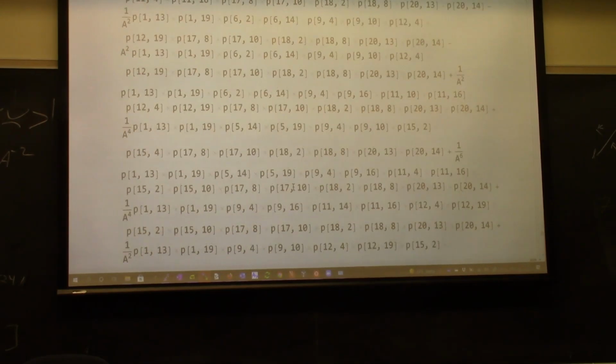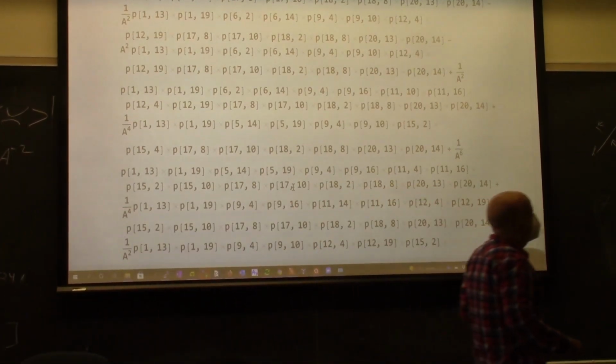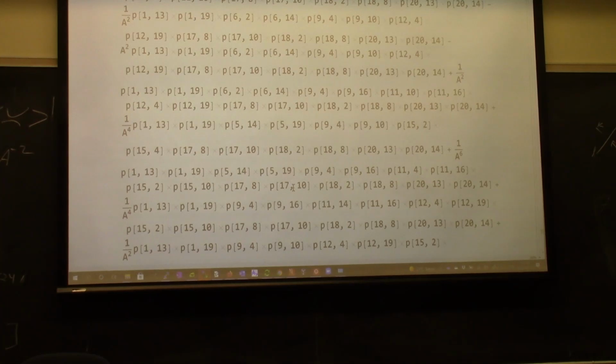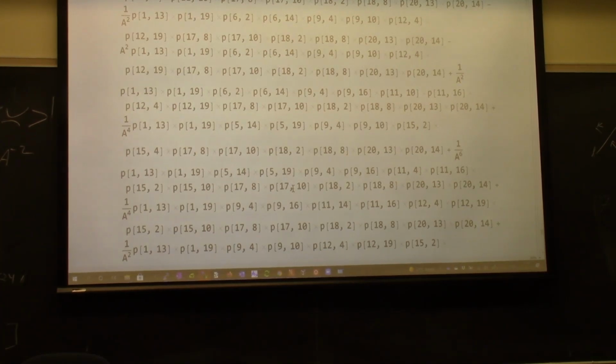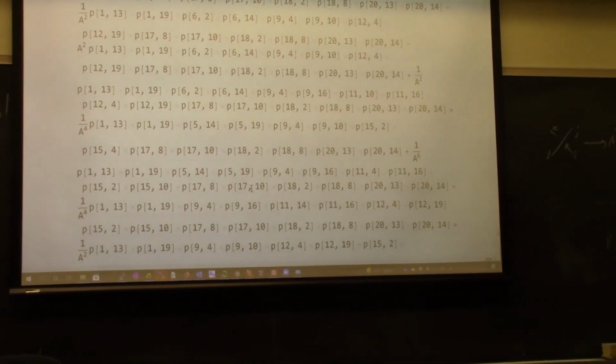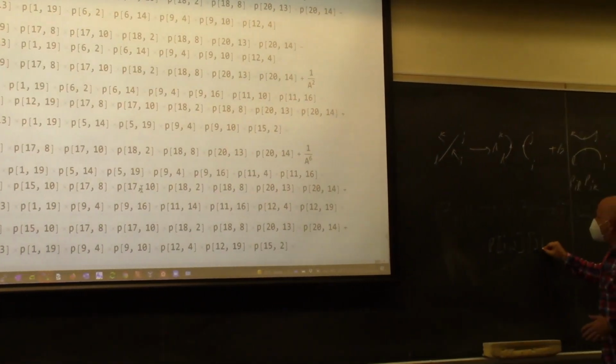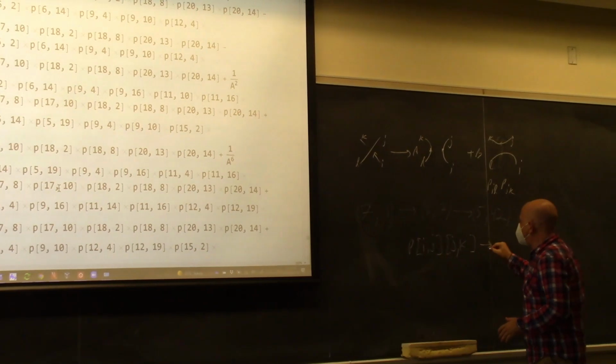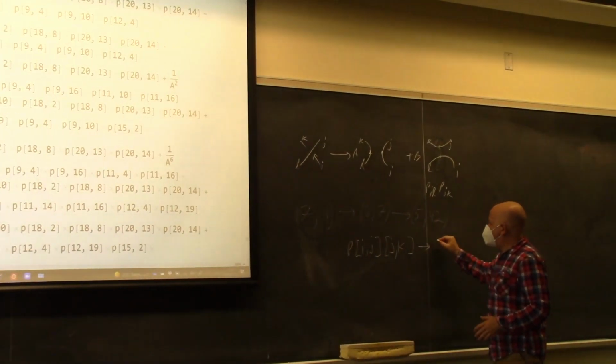The thing that's wrong with it was that when I had this path simplification rule, the rule was Pij, Pjk should go to Pik.